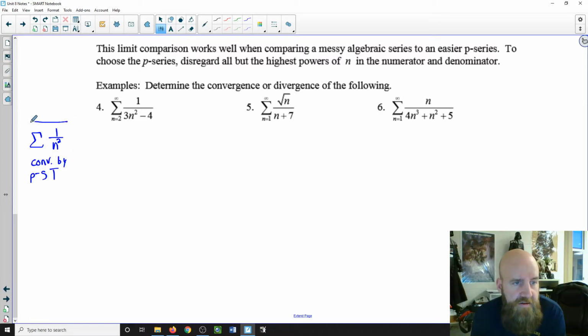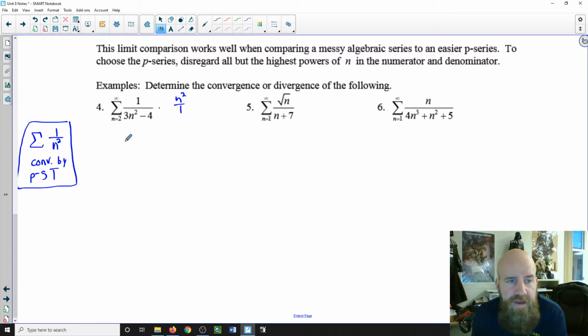So this thing converges by p-series. Now we're going to make a ratio here, or divide these two series. And like I said, that's going to involve multiplying by n squared over 1 because we're dividing by this fraction.